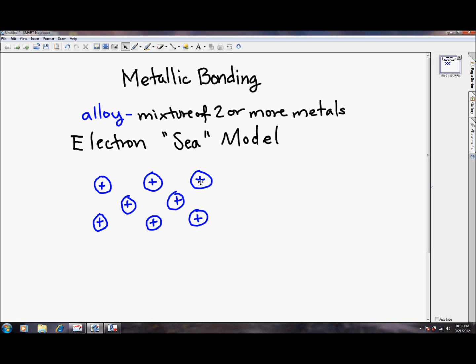Okay, these right here, these represent the metal atoms. Now out here we're going to draw some electrons. These are the valence electrons.